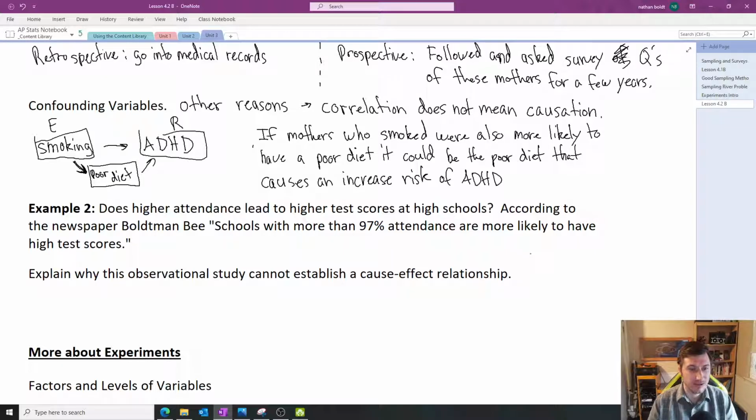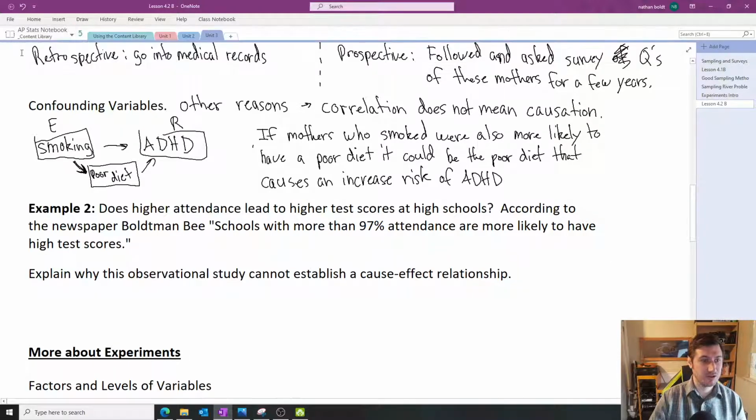Explain why this observational study cannot establish a cause-effect relationship. All right, pause the video there, see if you can write something. Did you pause the video? Try to write something.